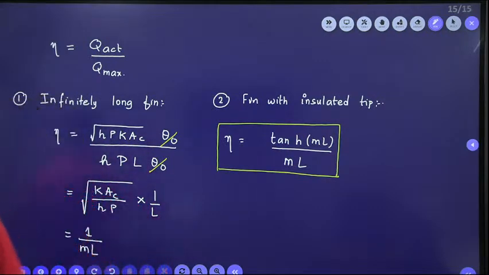The second and the last parameter that we have to discuss is fin effectiveness. Effectiveness is epsilon.